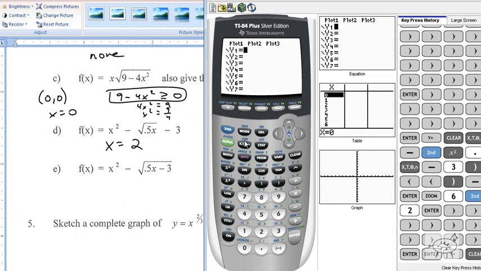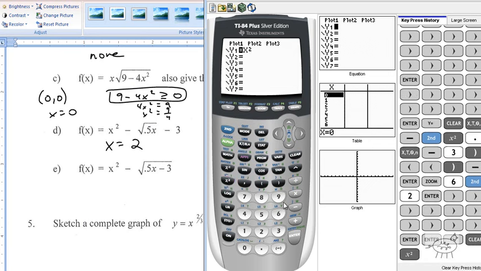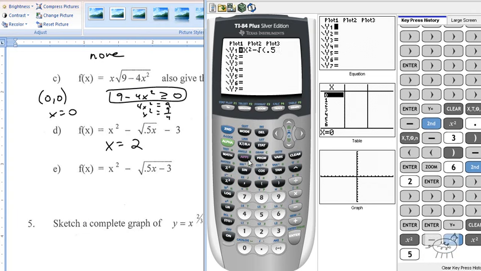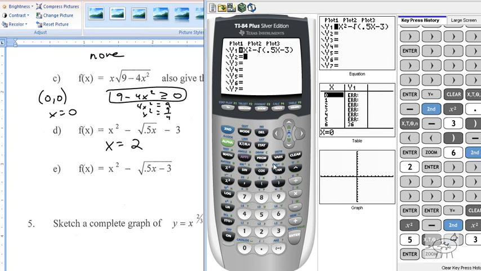And we're going to do x squared minus the square root of 0.5x minus 3. Now that's all under parentheses. And so we're going to do zoom 6. And you're like, oh man, I don't really see anything here. So maybe I need to zoom out a little bit.